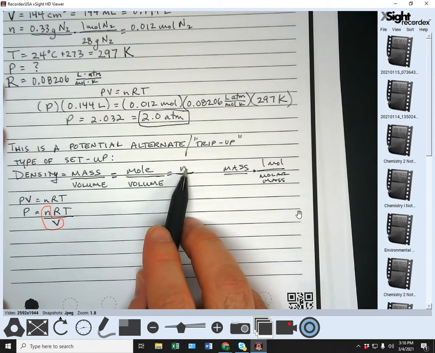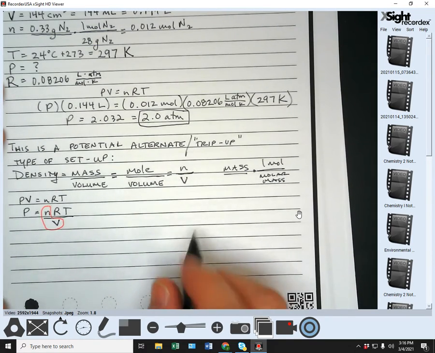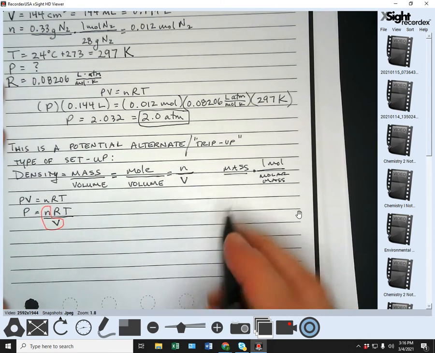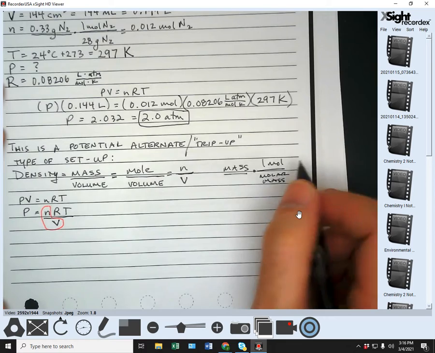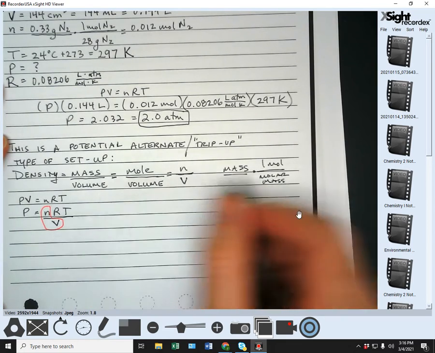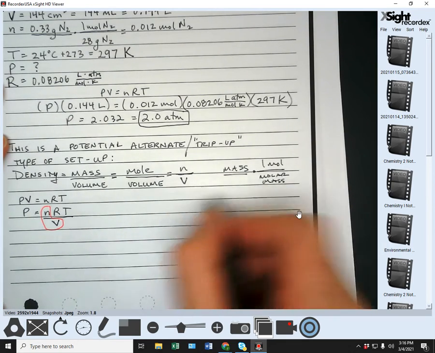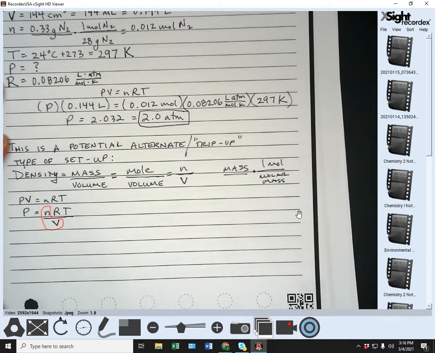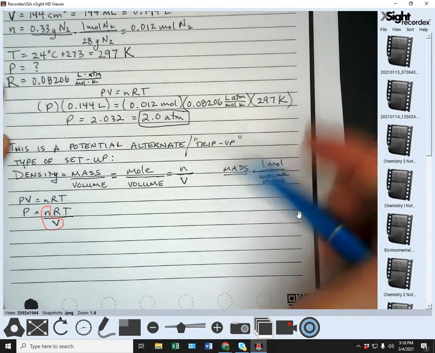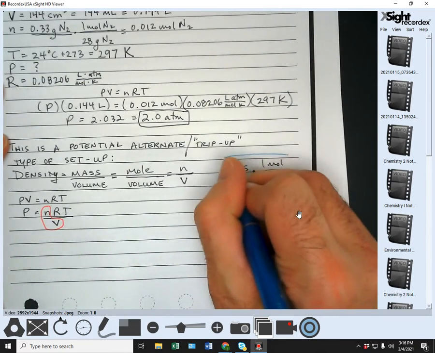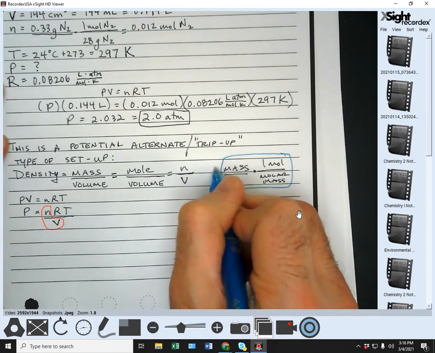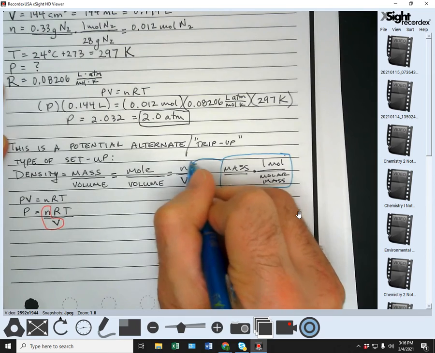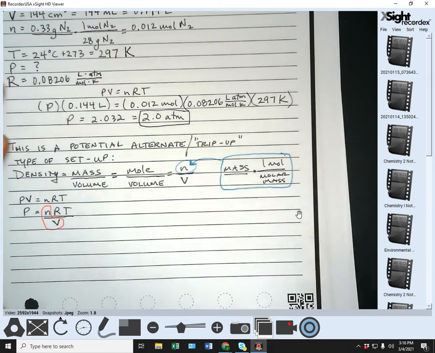So n is the mass divided by molar mass. This part right here, converting mass to moles, can go in for n.